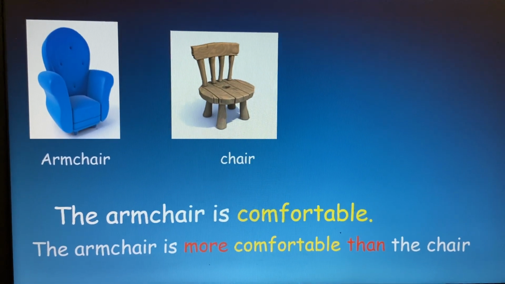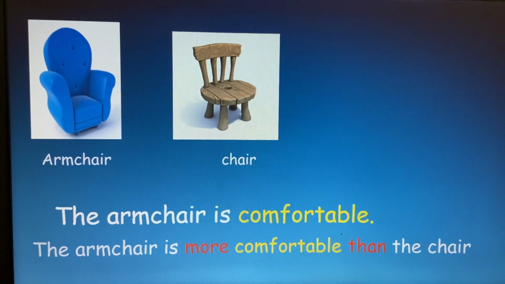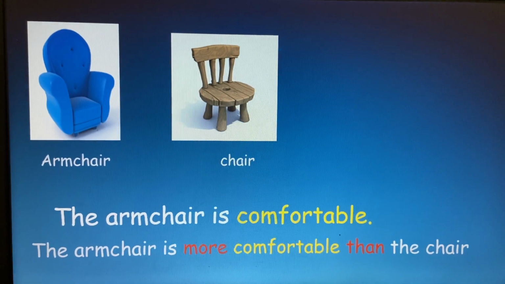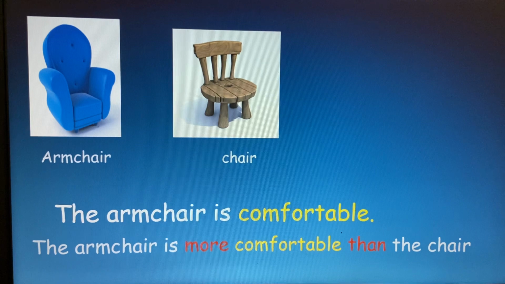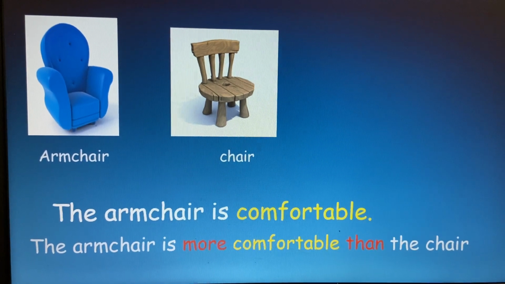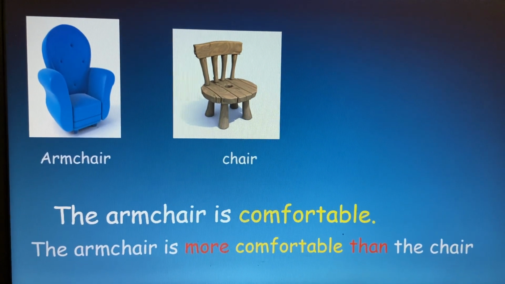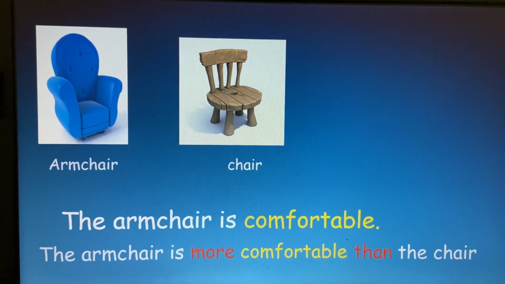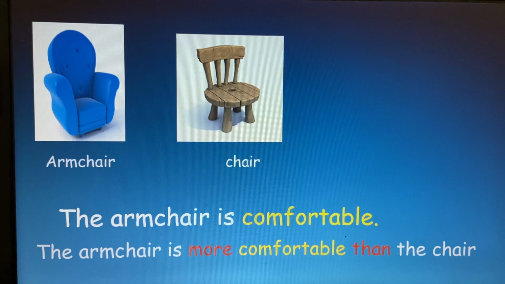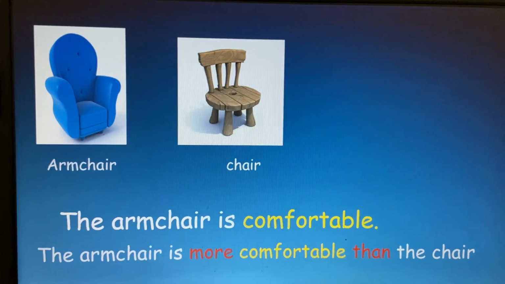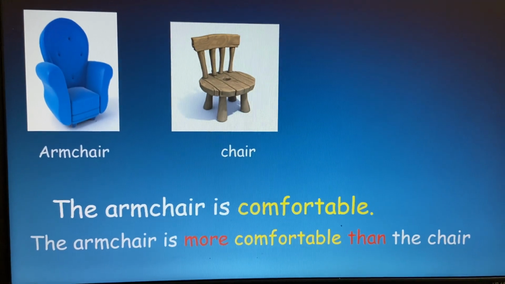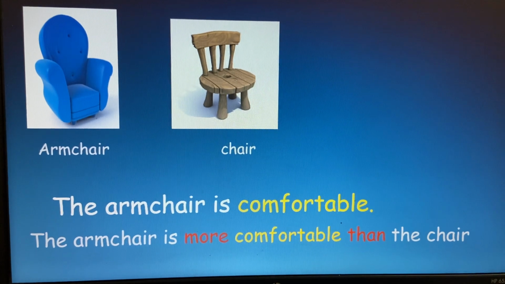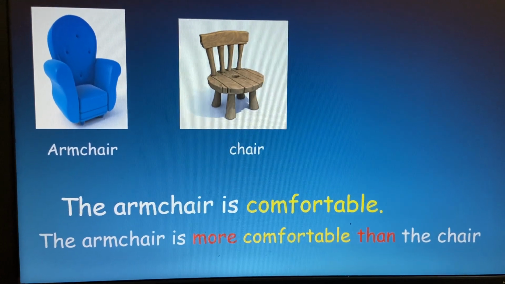The armchair is comfortable. Look at how many vowels we have in the adjective comfortable. That's why we didn't add ER. So the armchair is more comfortable than the chair.